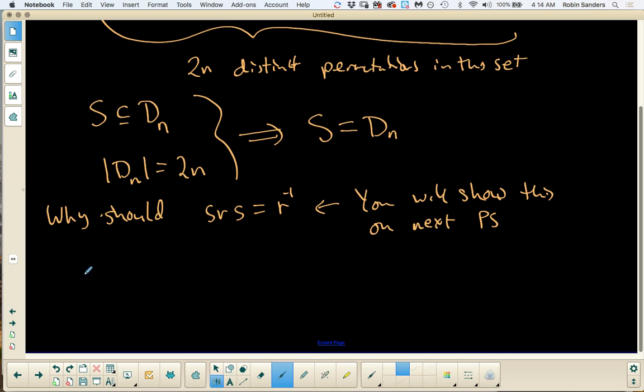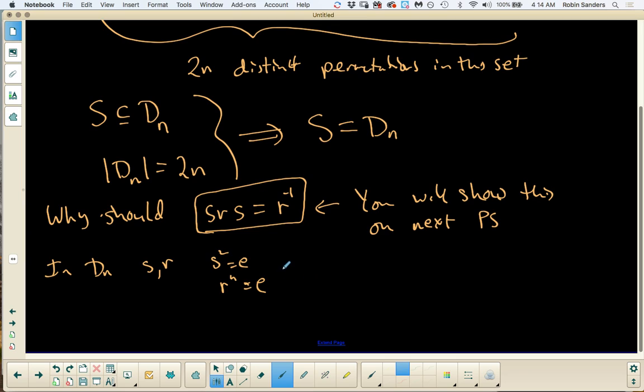But the implication is that if we look at any product, so if we are in Dn and we have s and we have r, and we know obviously that s squared is equal to the identity and r to the n is equal to the identity, and we know this particular fact that you still have to show. The importance of these three things is that if I write something in the wrong direction, so just scroll up for a minute.